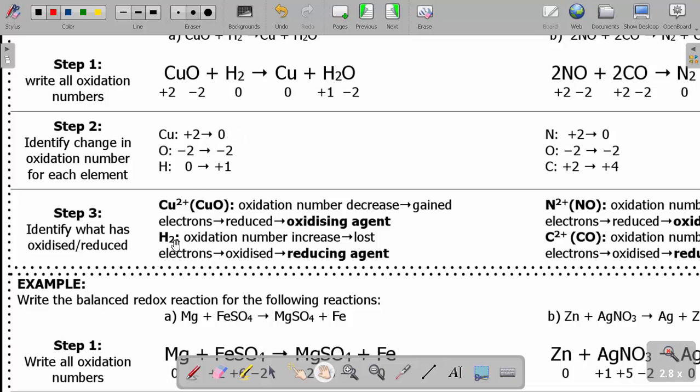And hydrogen has increased from 0 to +1, it becomes the reducing agent. So in other words, the one which loses electrons becomes the reducing agent, and the one which gains becomes the oxidizing agent. Okay, that's how we identify the reducing agent and oxidizing agent here. I think we deserve another example. Let's check it out here.